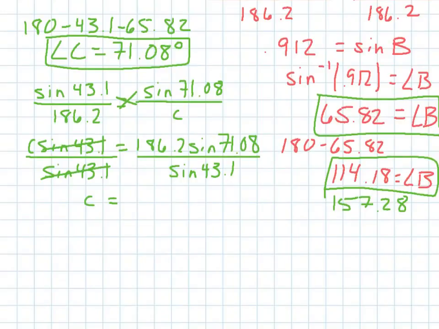So multiplying all that out gets me 257.79 for a side. Okay, so that's one set of answers.